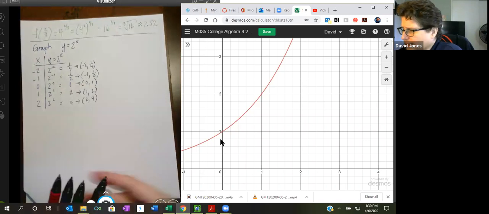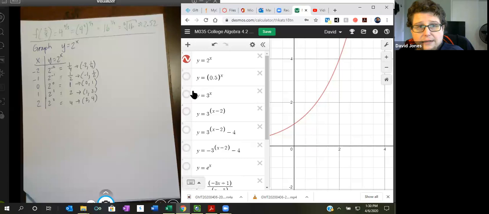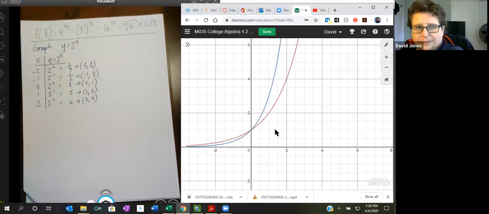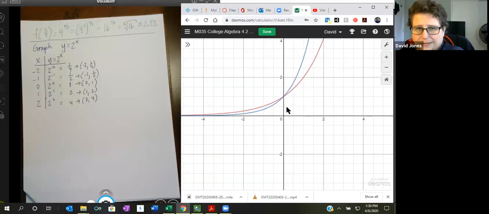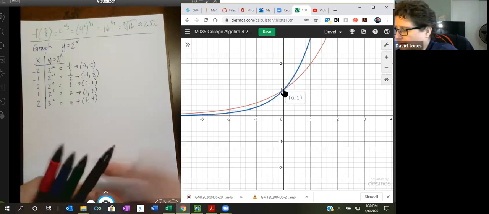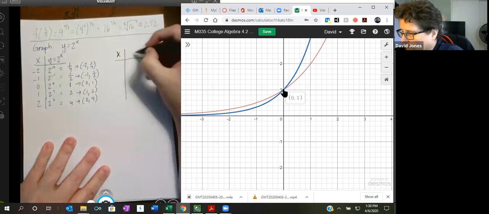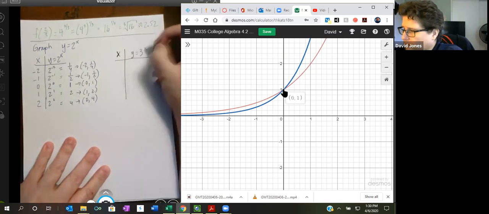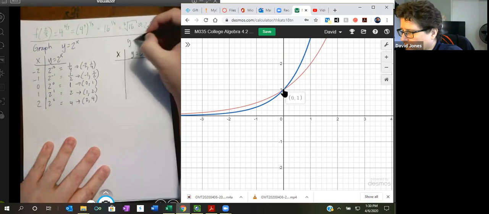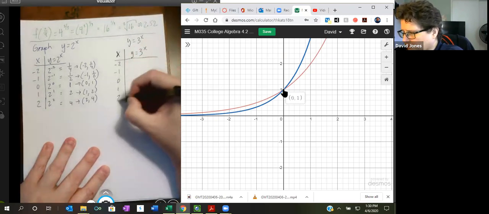Let's look at 3 to the x real quick. How does it differ? Well, we can see they have similar shapes, and they both cross right here at 0, 1. We'll do the same thing.